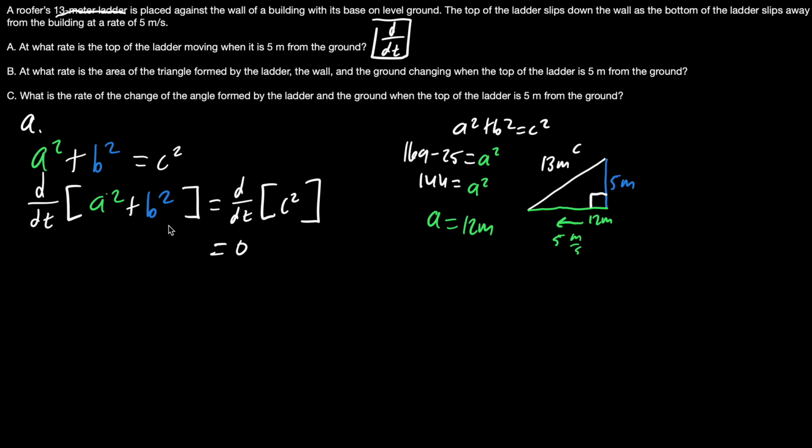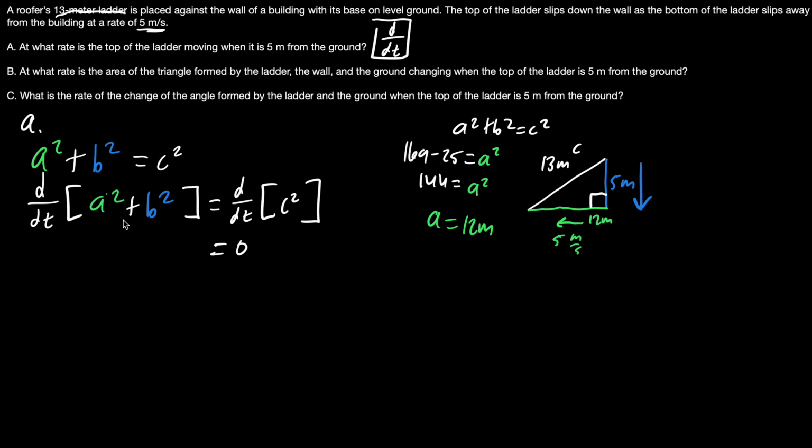However, for A and B, we know that A is always changing. We're literally given the rate of change of A right here. We also know that B is always changing because B is going to be decreasing as the top of the ladder decreases. So that means we can take the derivative of A squared and B squared.